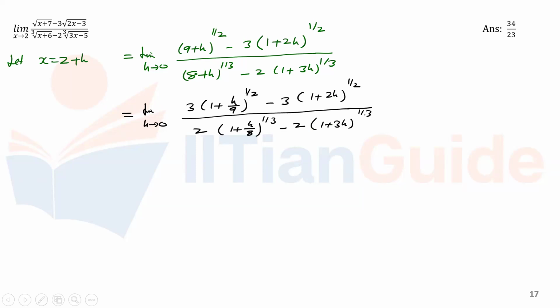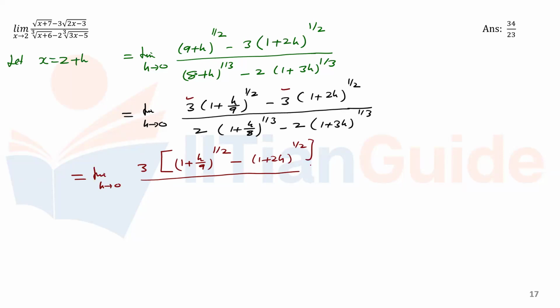Okay. Now I'm doing one thing. In the numerator, I can take 3 common. In the denominator, I will take 2 common. Limits h tending to 0, I have taken 3 common. I am left with the term (1 plus h by 9) whole power 1 by 2 minus (1 plus 2h) whole power 1 by 2.